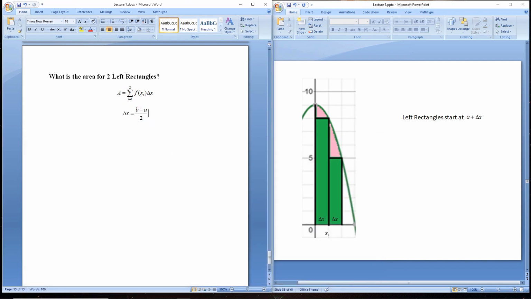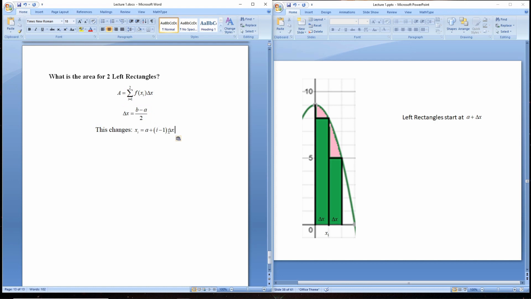Now, what we did previously with right rectangles is we used this expression, but this changes for left rectangles. So for left and right rectangles, these two expressions are always the same. What changes for left and right is this expression here.